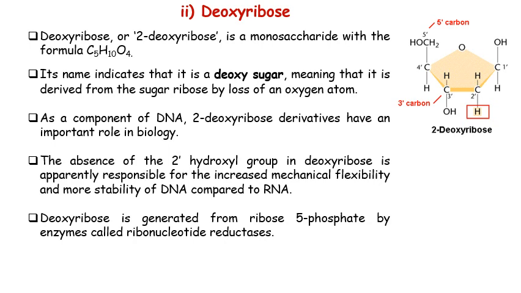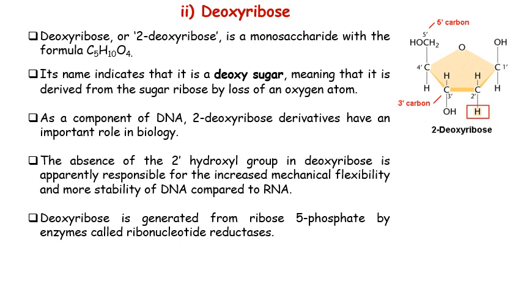After ribose, the second one is deoxyribose. As the name indicates, deoxy means it has less oxygen as compared to ribose. So let's start with deoxyribose, or 2-deoxyribose. It is a monosaccharide with the formula C5H10O4.